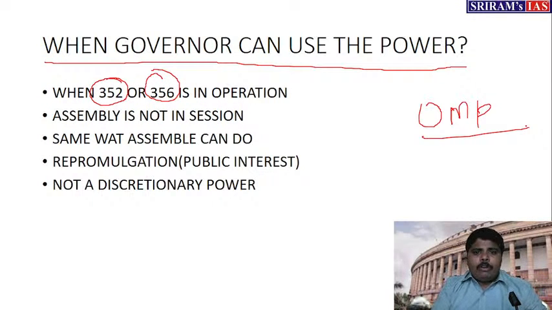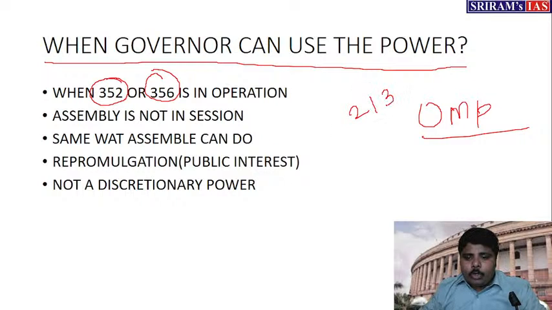Making of law is the duty of the legislature. So why should the governor be worried about these things? The governor is subjected to usage of these laws only based on certain conditions. At that time, the word ordinance comes into the picture, and this is mentioned in Article 213 of the Constitution of India. So here he can make an ordinance.